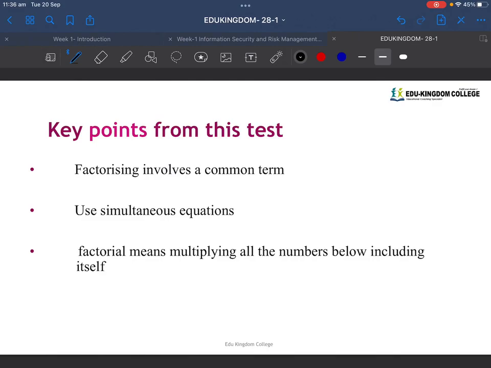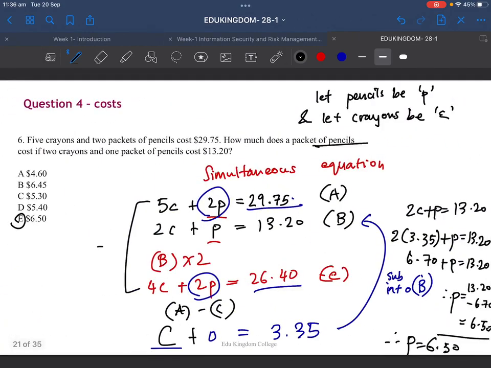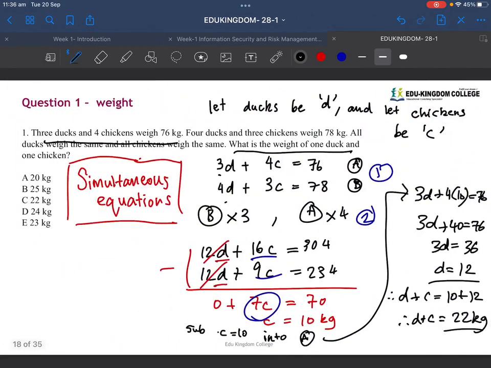Point number 2, use simultaneous equation. We used it in question 4 and question 1. So let me just go over the steps again. Step number 1, we find the 2 options that we are given. Step number 2, we find or we make the common term. And in this question, our common term was 12D.